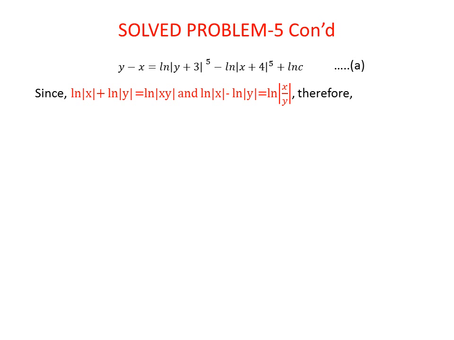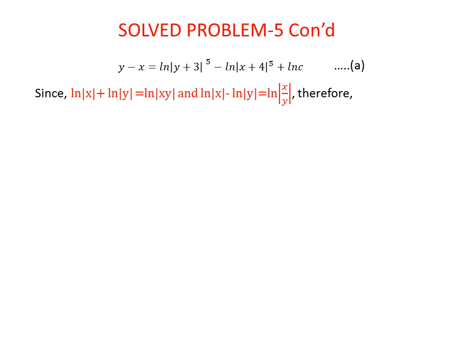Now there are 2 other properties of natural logarithm. Number 1: ln of modulus of x plus ln of modulus of y, the sum of 2 natural logarithms, is equal to the natural logarithm of the product of the 2 arguments, that is x and y here.